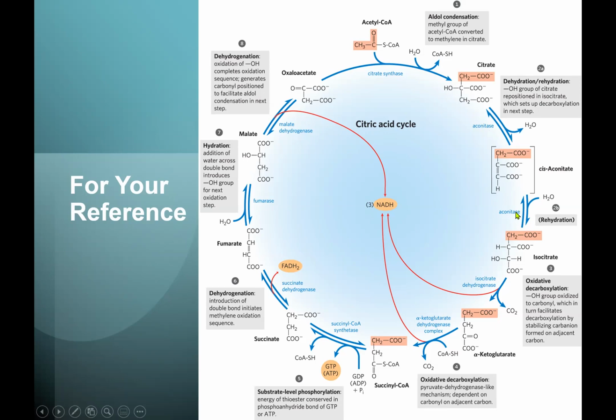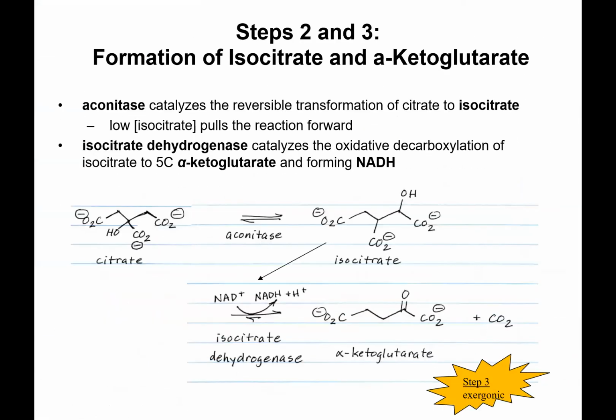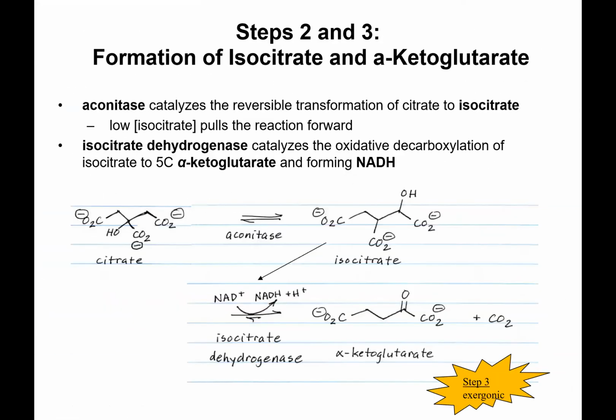So this is two phases with aconitase, dehydration, rehydration, happening to get from citrate to isocitrate. And then step 3 is catalyzed by isocitrate dehydrogenase.